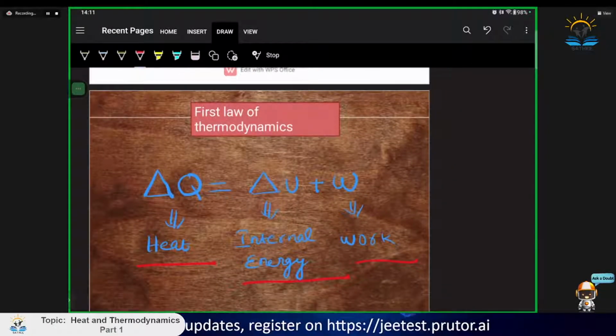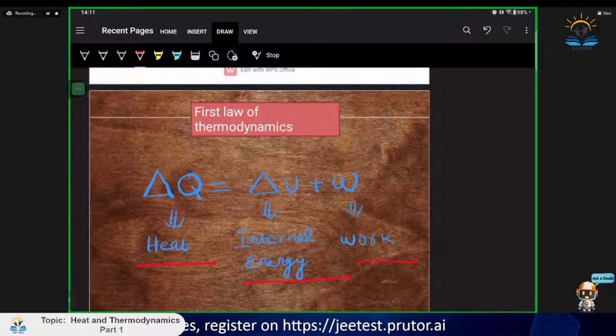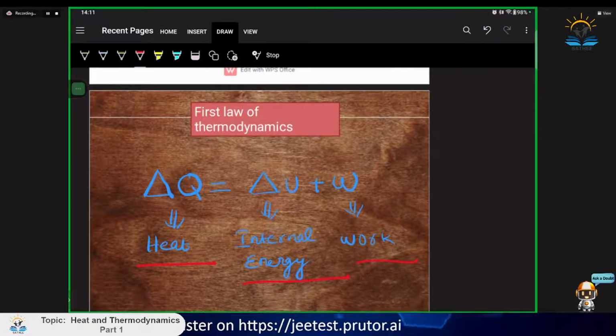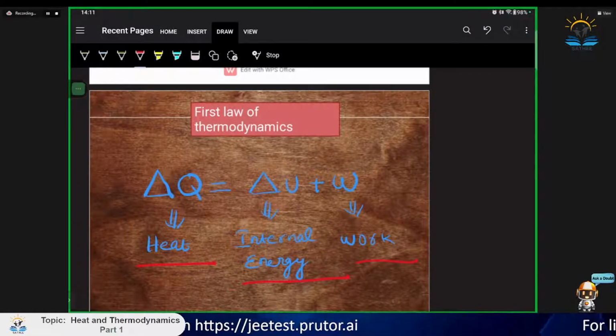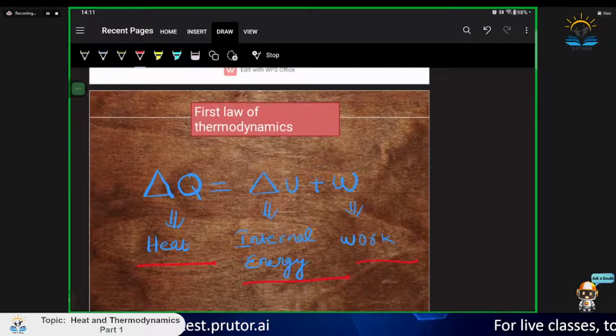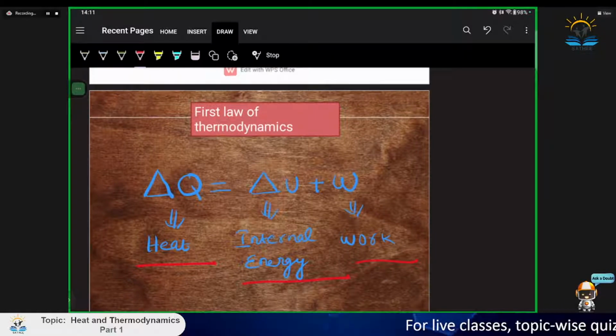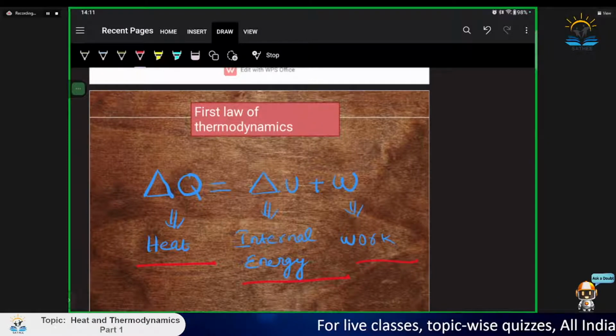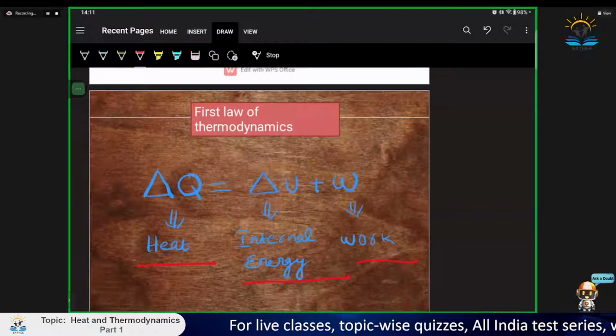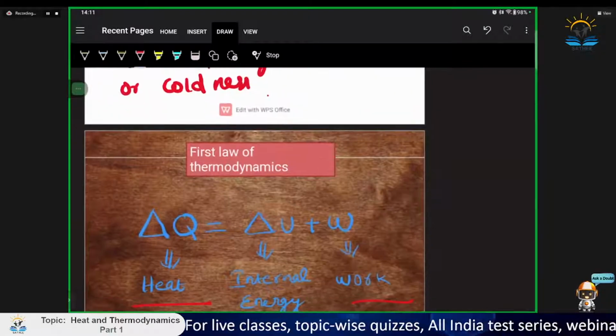That is the first law of thermodynamics. What does the first law of thermodynamics mean? As per the first law, we all know what a system and surroundings are.